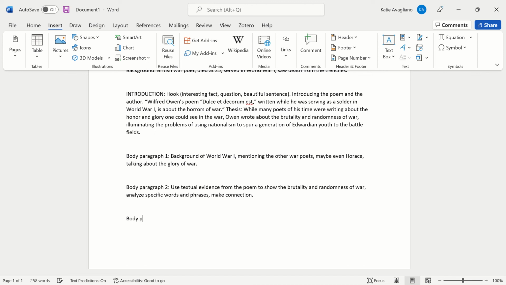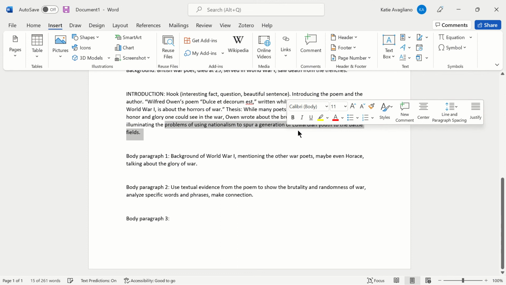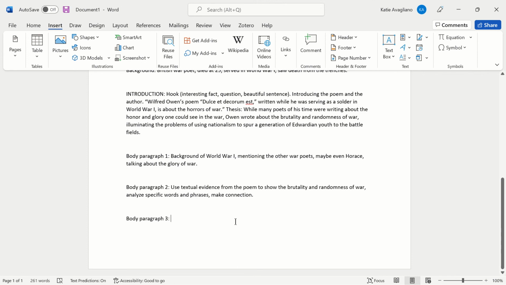All right, body paragraph 3 tells me that it's going to be about the problems of using nationalism to spur a generation of Edwardian youth to the battlefield, right? So what does Owen think about nationalism or even propaganda? How do I know?